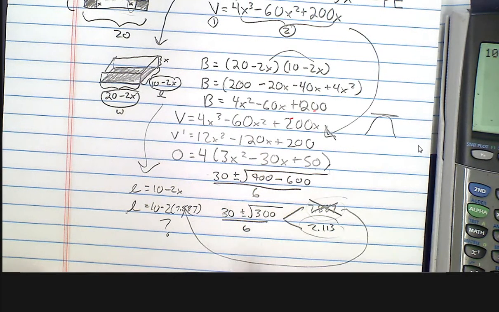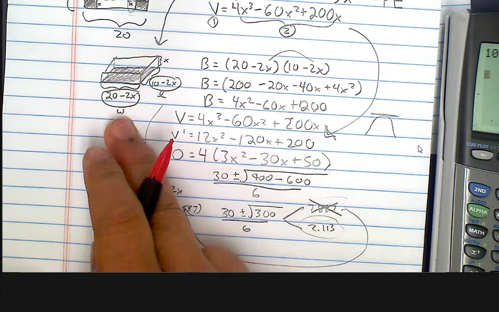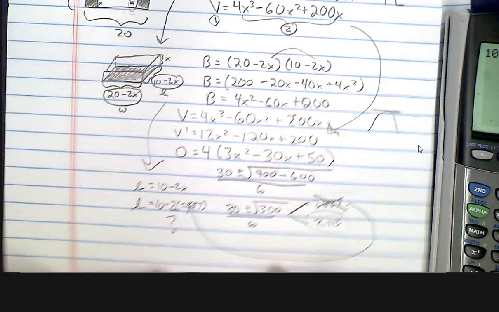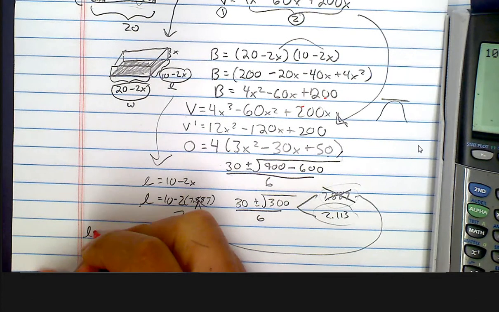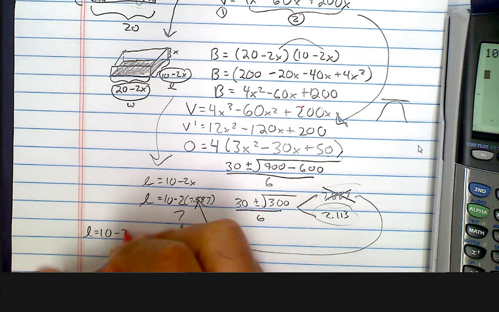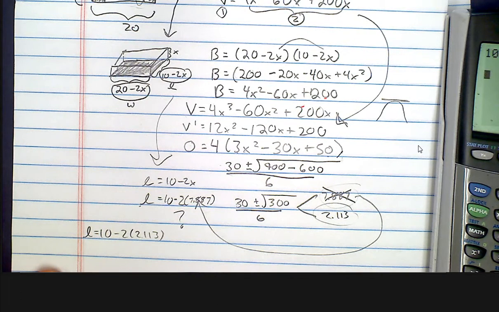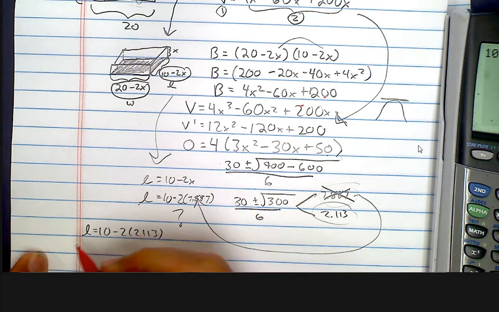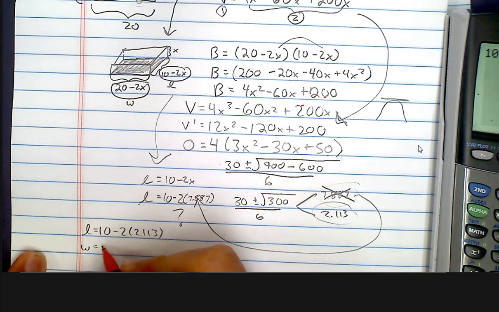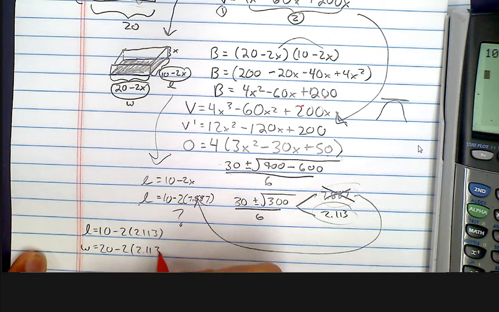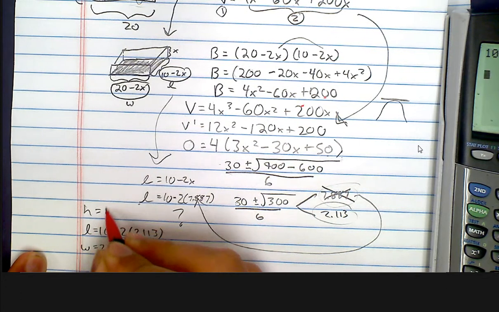So we need to substitute 2.113 into this and this. Alright, so my length is 10 minus 2 times 2.113. My width is 20 minus 2 times 2.113, and my height is just 2.113.